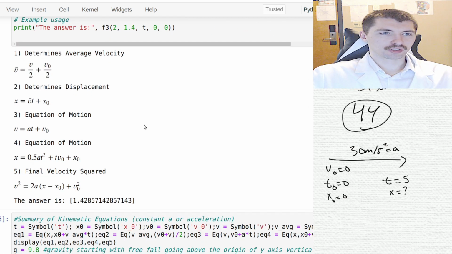So we are probably going to use equation 4.